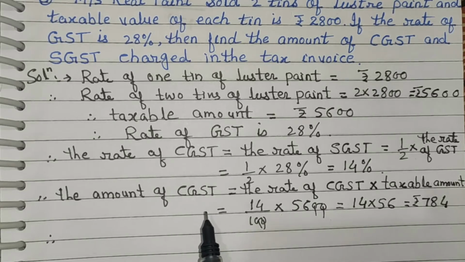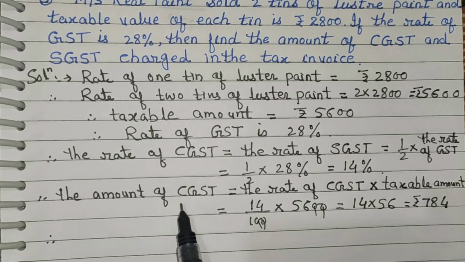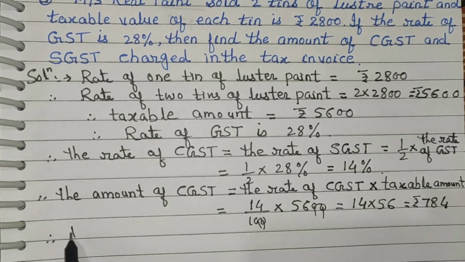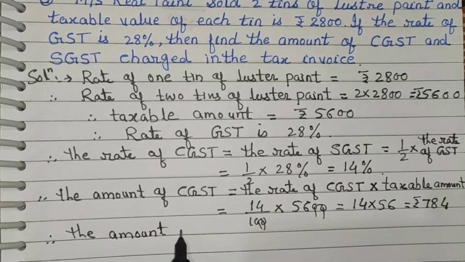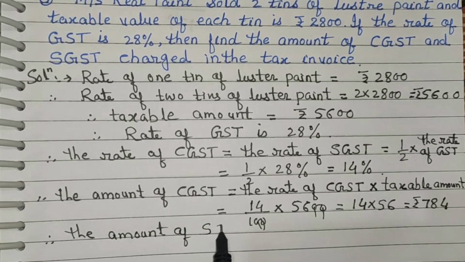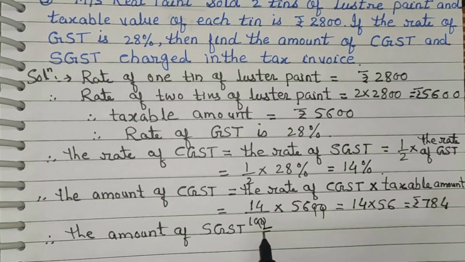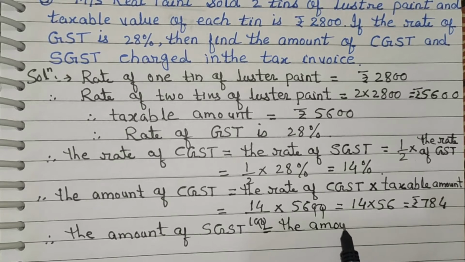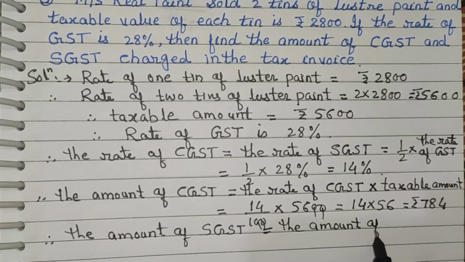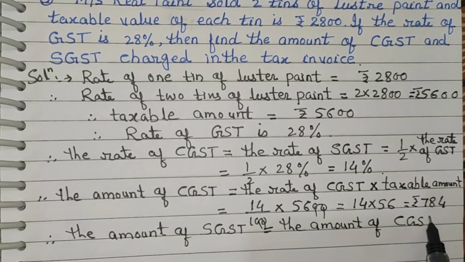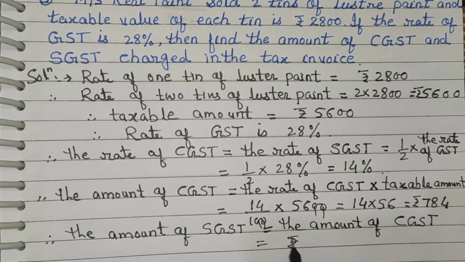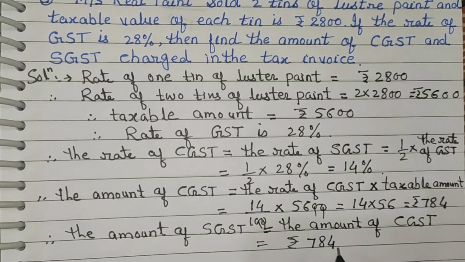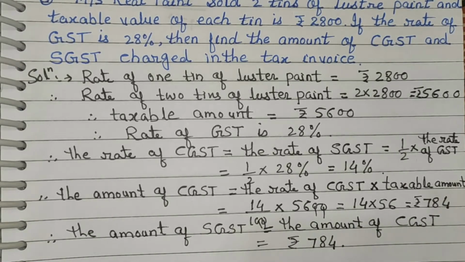We know that the amount of SGST is equal to CGST. Therefore write down here the amount of SGST is also equal to the amount of CGST, which is equal to rupees 784. Therefore write down the answer here.